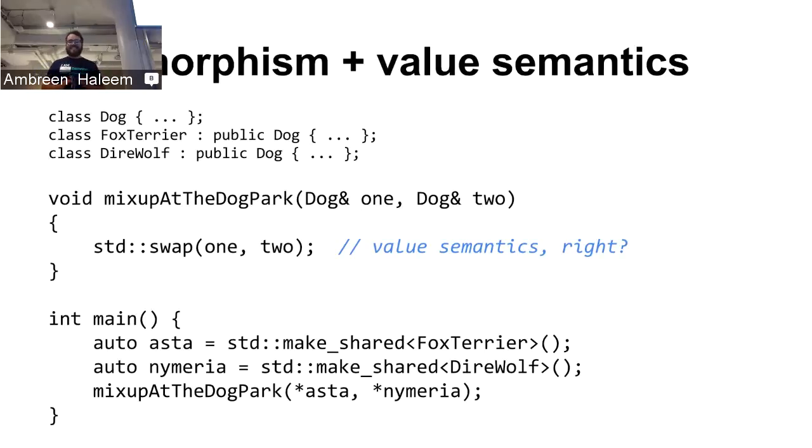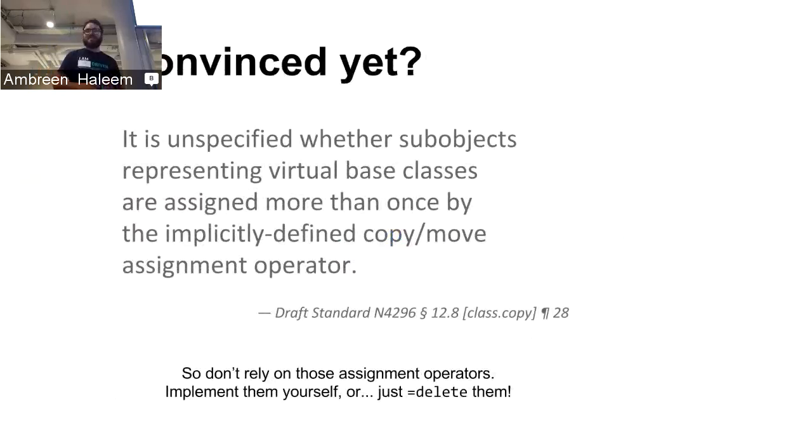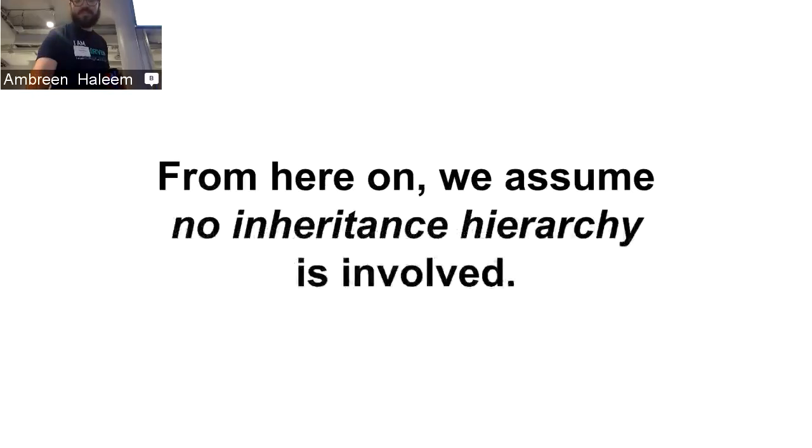It's terrible. Terrible, terrible idea. So what this means is that for the rest of this talk, we don't even have to worry about virtual. Also, if you have virtual base classes, it gets even worse, because then you don't even know what your assignment operator is doing anymore. Okay, so we're not going to talk about inheritance.